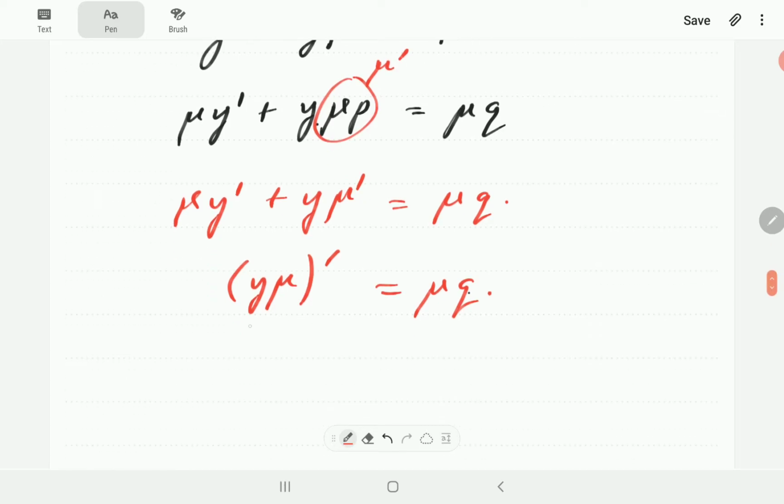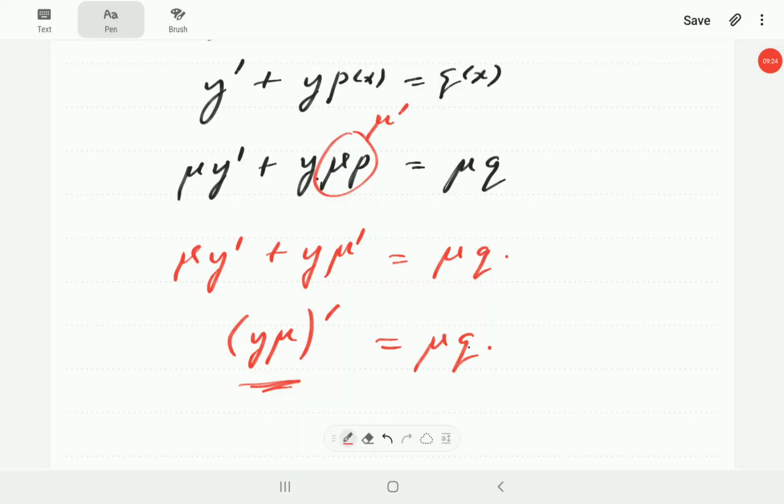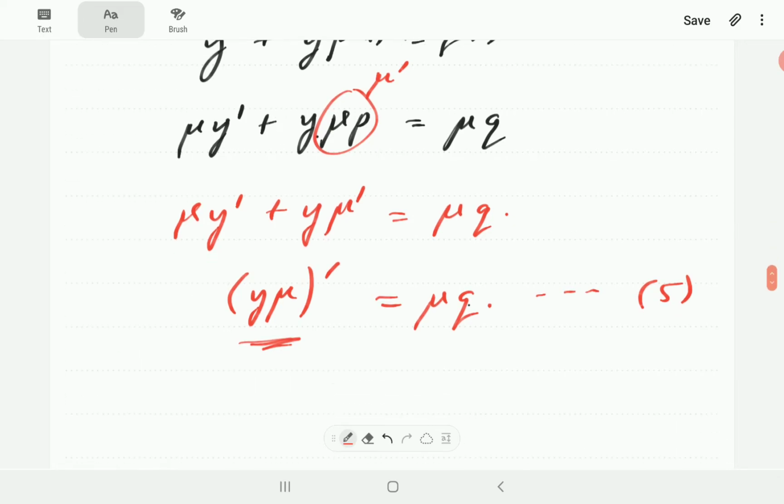But then the good thing is that this is now already exact in terms of we can integrate it straight away. And that's the whole point of the integrating factor. So we're now going to look at some examples. All right, before we go into examples, I'm going to label this equation 5 because it's going to be so very important when we work through the examples.